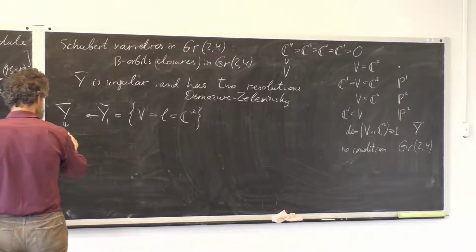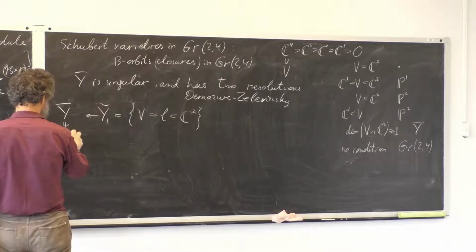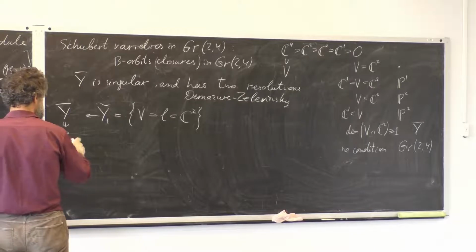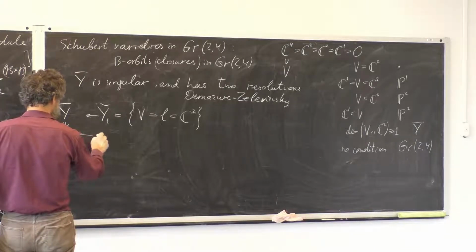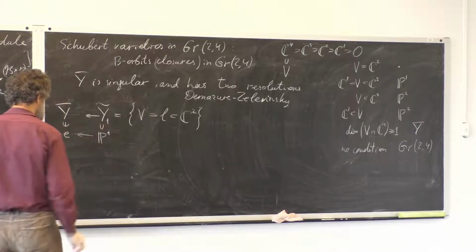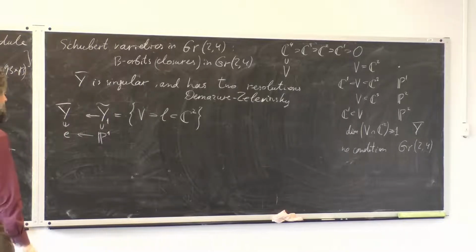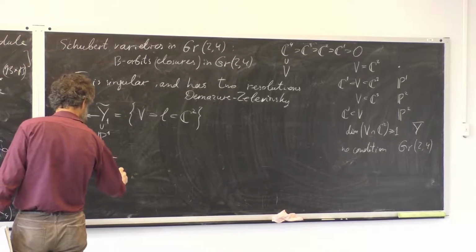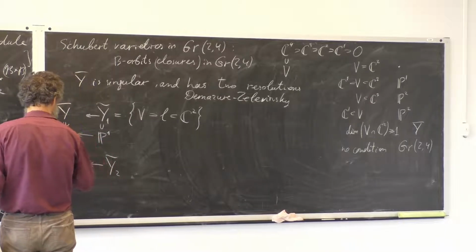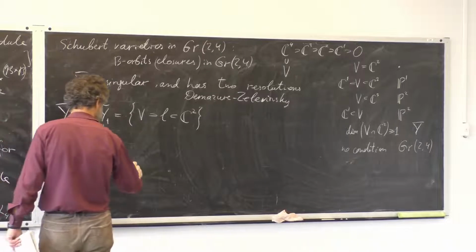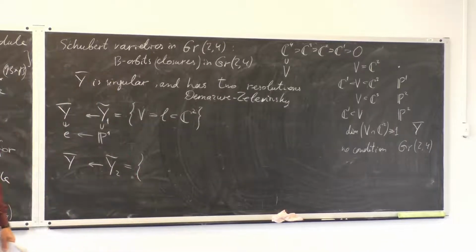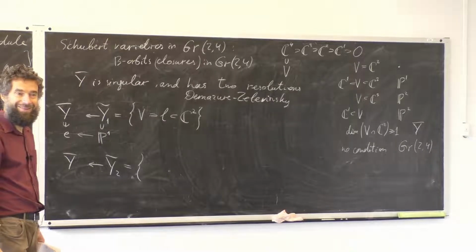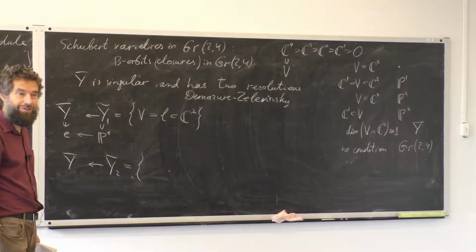Sort of, yes. So what is this point? Let's call it E. And the preimage is P1. Okay? And what is the second resolution? Any suggestions? Igor?